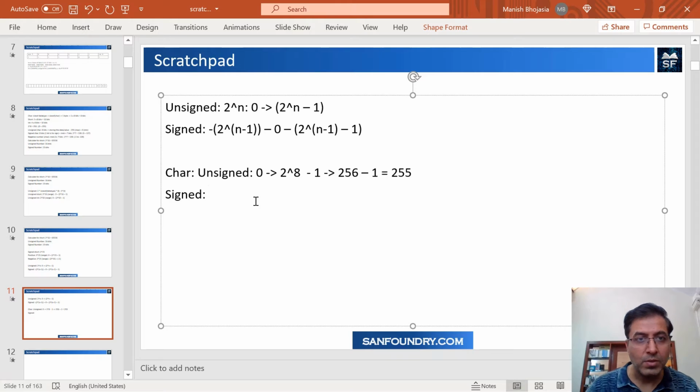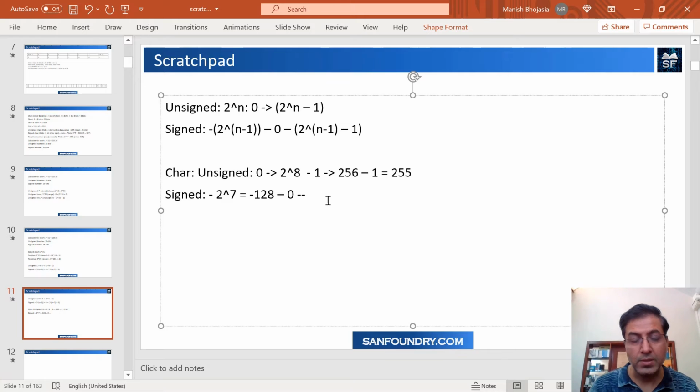So what about the signed entity? As per the formula, in the negative direction, it is 2 to the power 8 minus 1, so 2 to the power 7. So it is minus 2 to the power 7. And how much is that? That value is 128. So essentially you have minus 128 on the minimum side. And then this goes all the way up to 0.